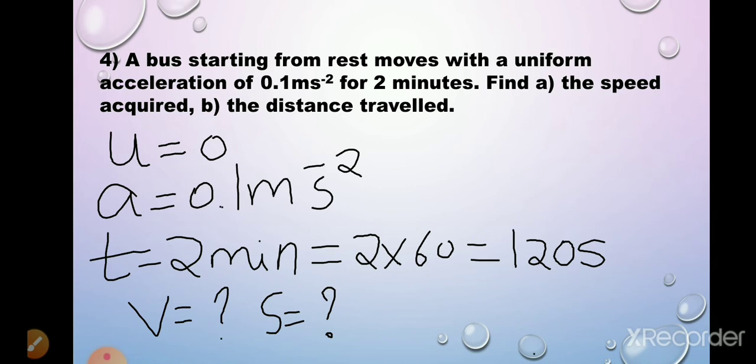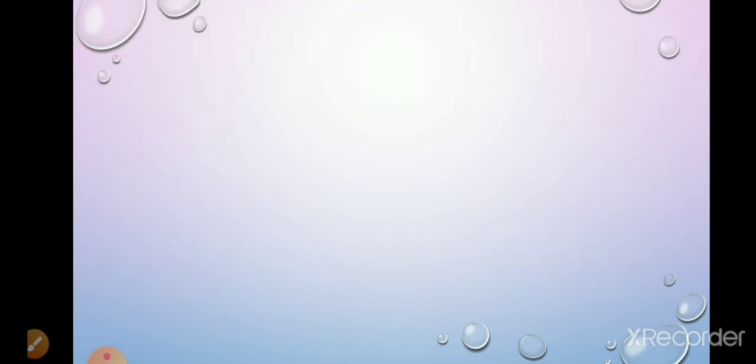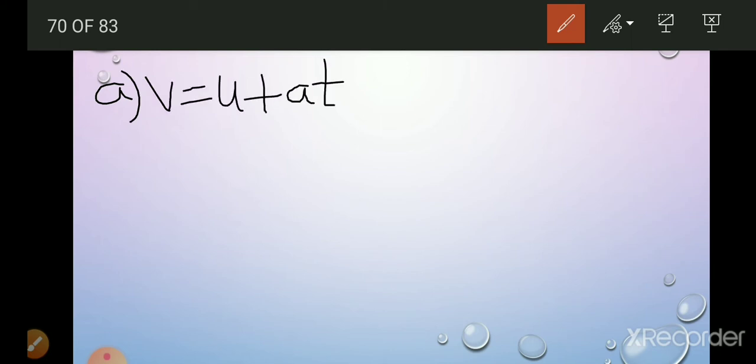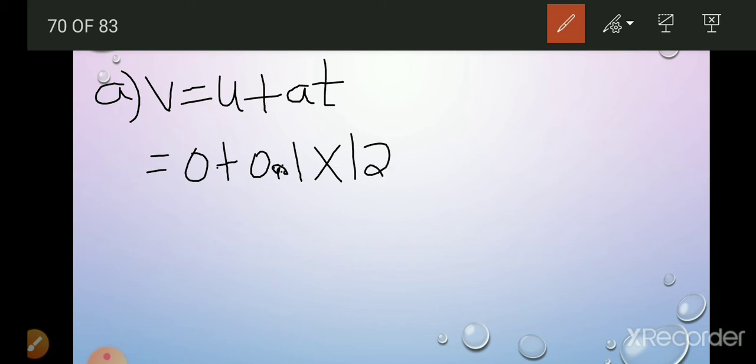Now let us use the first equation to find the velocity, because we know u, a and t, so v is equal to u plus at. So let us substitute the values. U is equal to 0, acceleration is 0.1 and time is given, t is equal to 120 seconds.